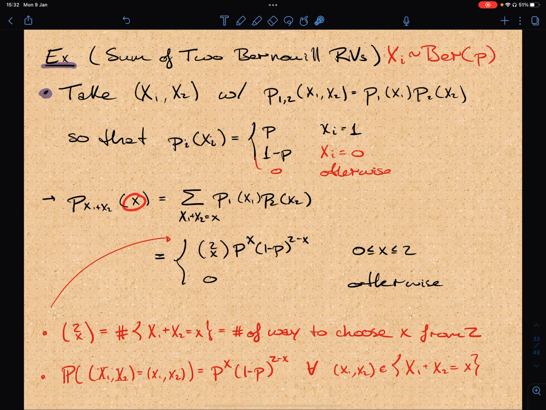And then if you do the formula, this is the formula that you want, the events such that x1 plus x2 are equal to x. And it turns out now for x1 and x2, each of the random variables can take the values 0 or 1. But when you consider the sum of x1 and x2, the values that x1 plus x2 can take are going to be 0, 1, or 2.